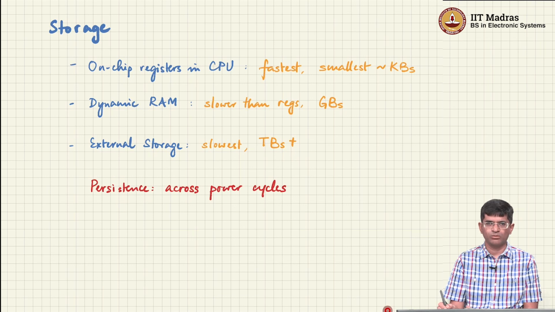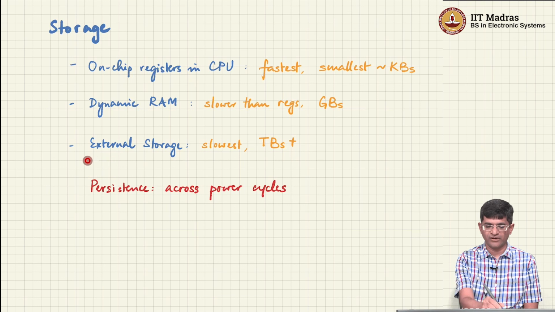So for most practical purposes, as a user of a computer, you don't really need to care about why it's called dynamic RAM. What does matter to you is to be aware of the fact that DRAM, or dynamic RAM, in general is slower than the registers that are present inside the CPU, but can be of significantly higher capacity. Typically gigabytes are common these days.